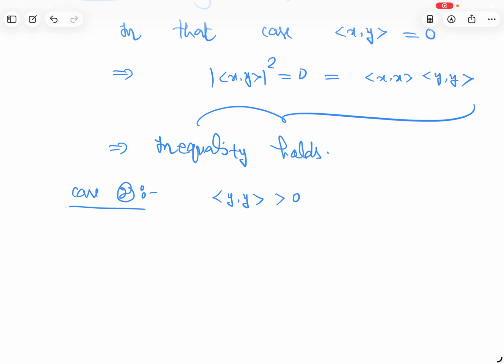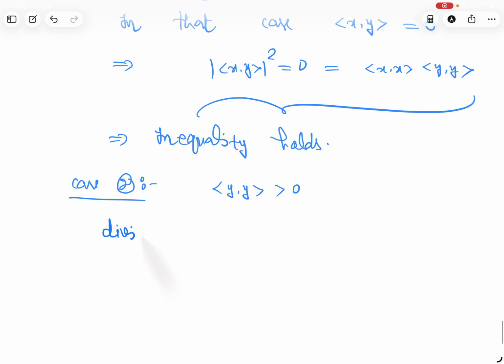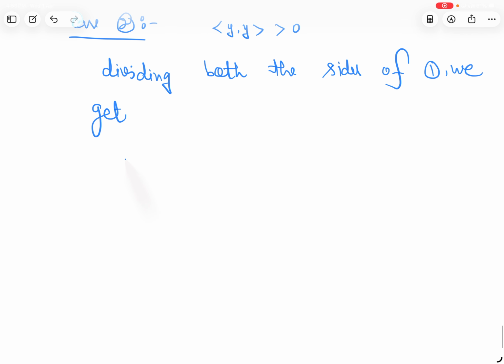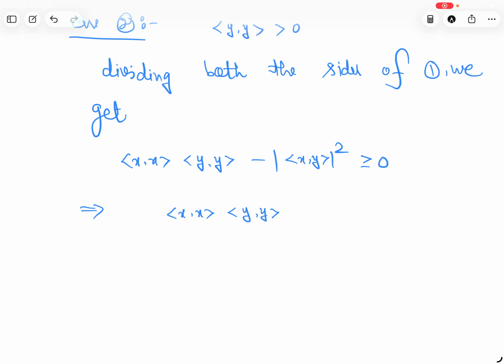Dividing both sides of the inequality, we get this, which means the same as the Schwarz inequality.